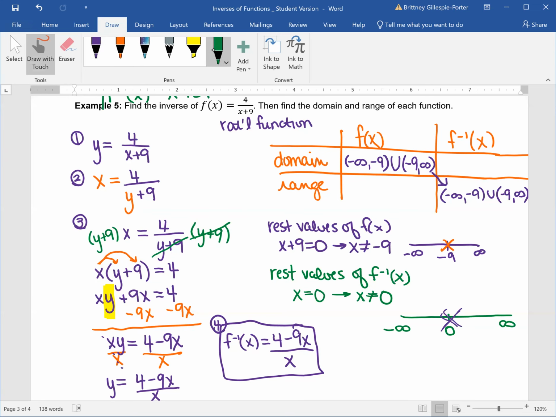Which means that we are going to have negative infinity to 0, union 0 to infinity for the domain of our inverse. If we found the domain of the inverse, that means that we found the range of the original. So go ahead and copy it back down. Negative infinity to 0, union 0 to infinity, and it must be in that order.